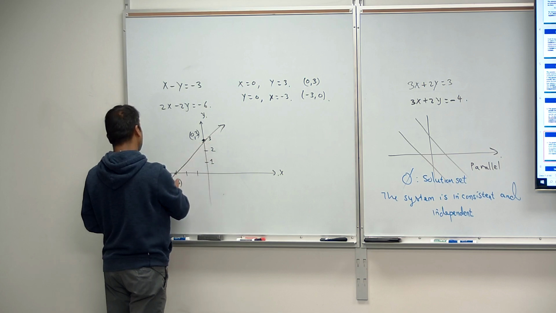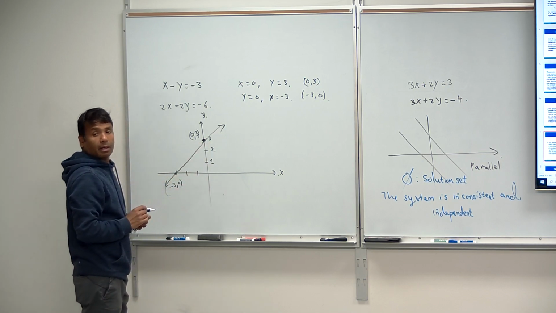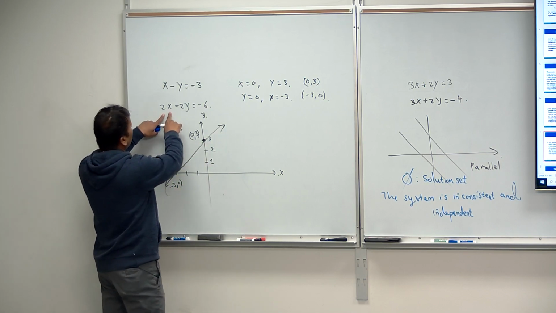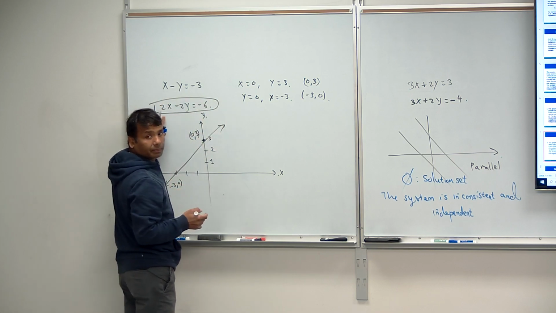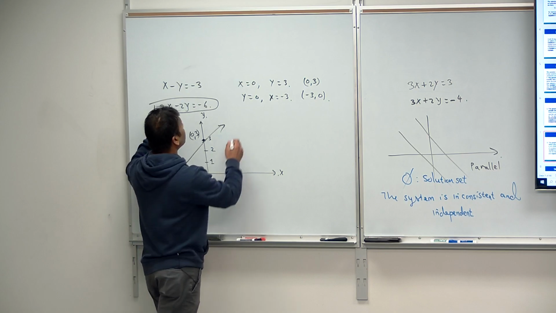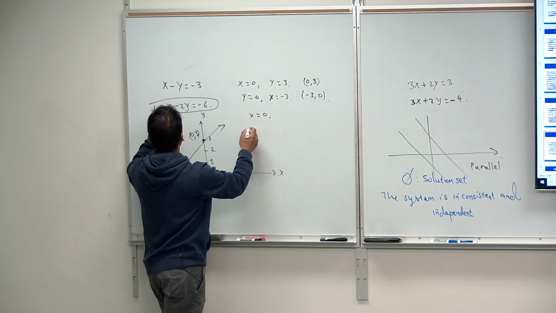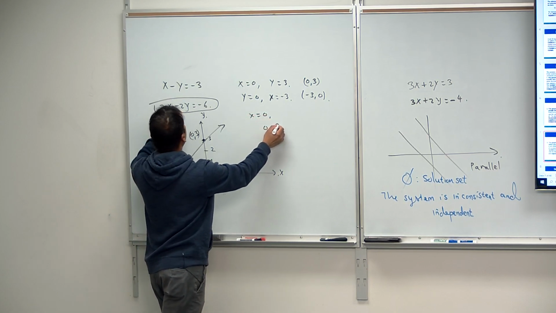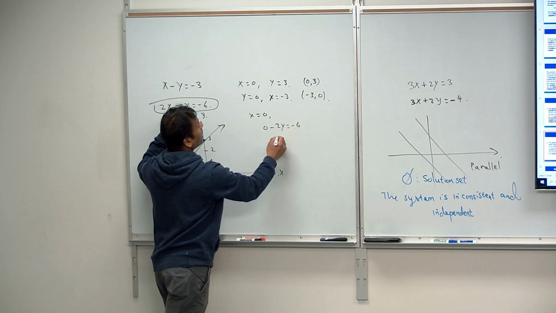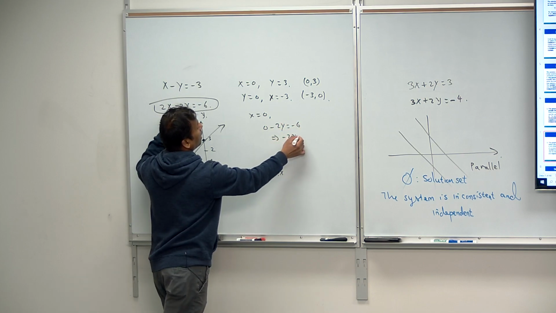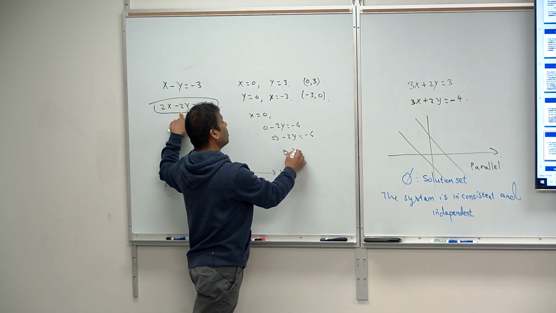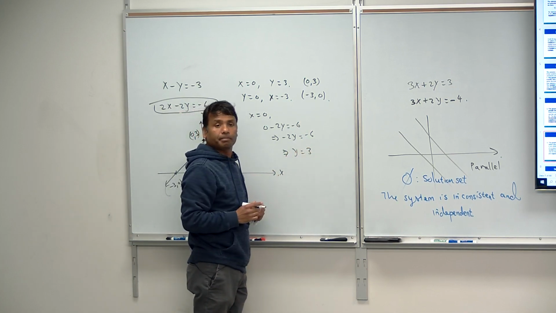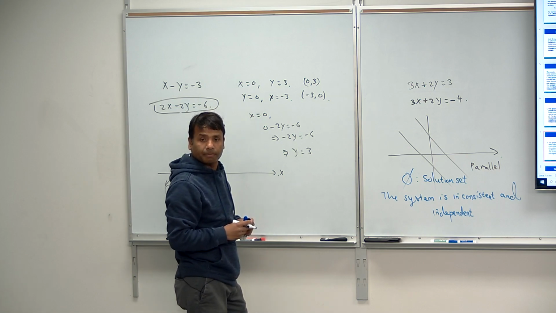Are you guys with me? Right? And they're pretty much the same. If you draw the graph for this one, you will get the same straight line. If you plug in x equal to 0 here, that will be 0 minus 2y equal to -6, which is -2y equal to -6, right? y equal to what? 3. Make sense?